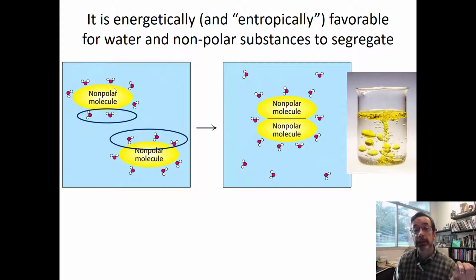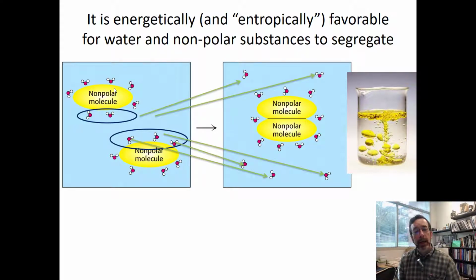The thing to notice is the water molecules that I've circled right here. They're next to the nonpolar molecules before they group together. After they group together, those water molecules have gone off in different directions. They are no longer next to a nonpolar molecule.